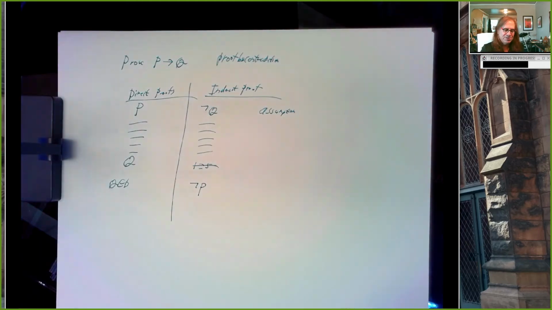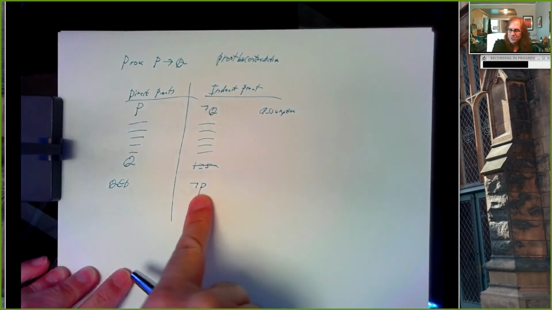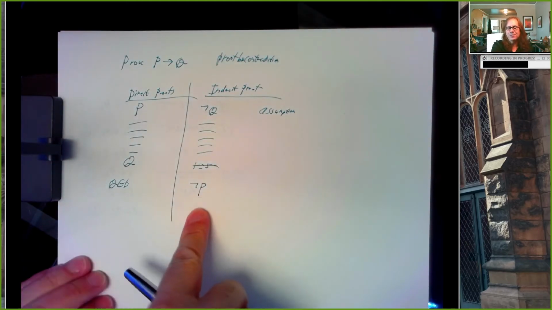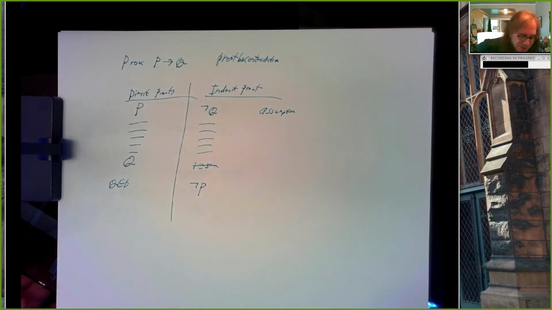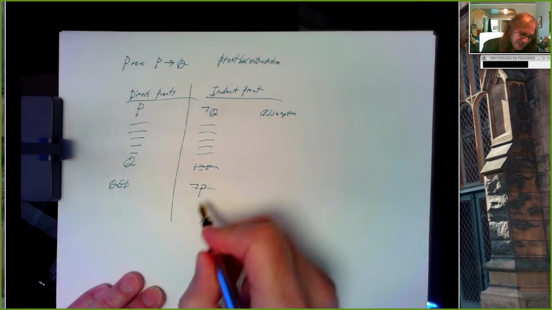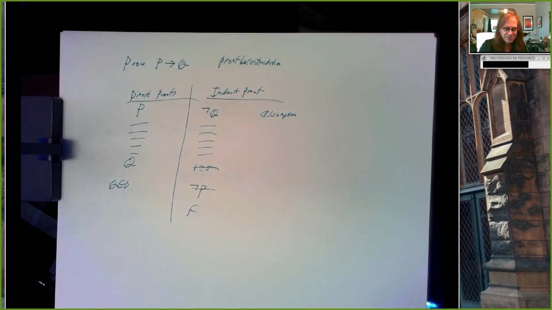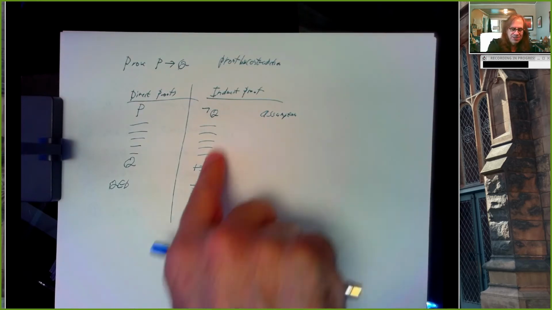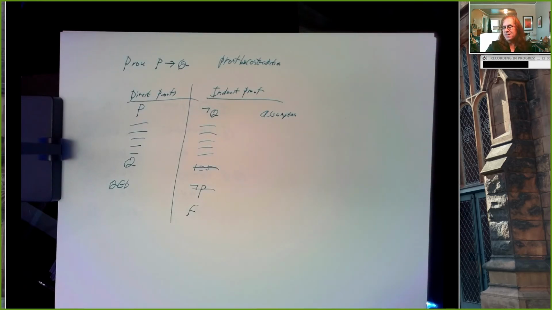But if P is true and not Q is false, if I can prove not P, well, I've proven P and not P. And that's a contradiction. So more generally, if you can prove that false is true, that's a really strong contradiction. False cannot be true. So you assume not Q, and then you try to work logically from that and prove that false is also true. That's enough to say, hey, there's a problem.